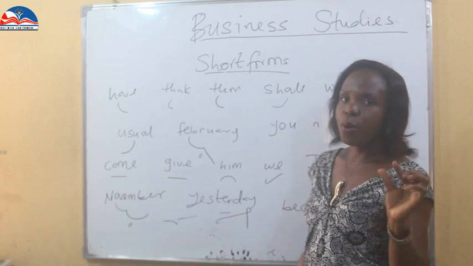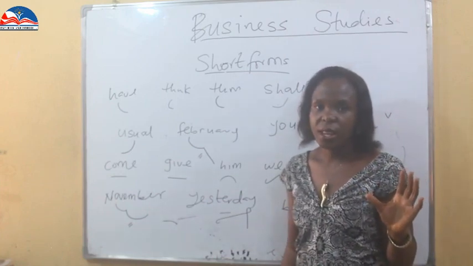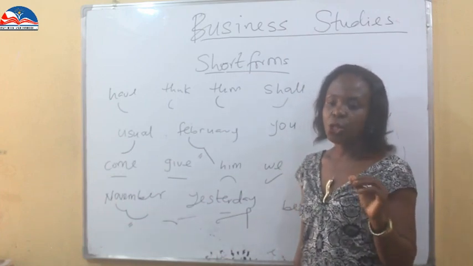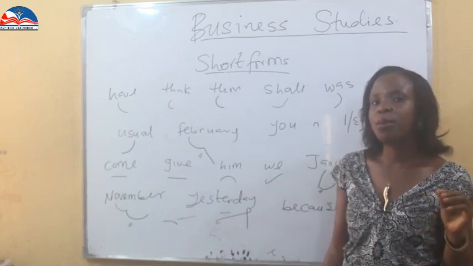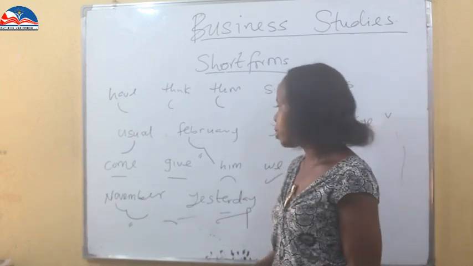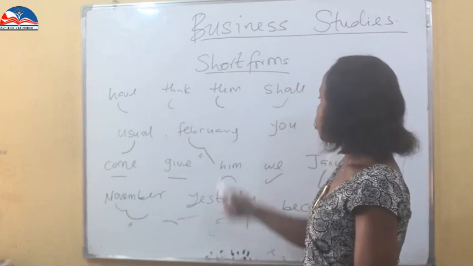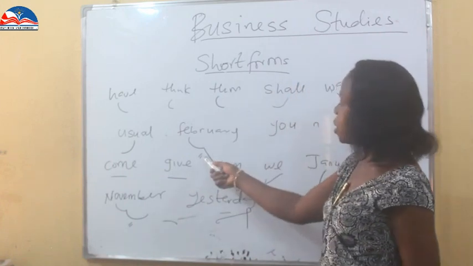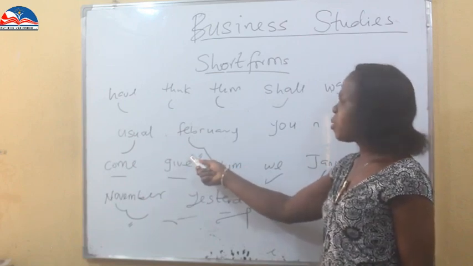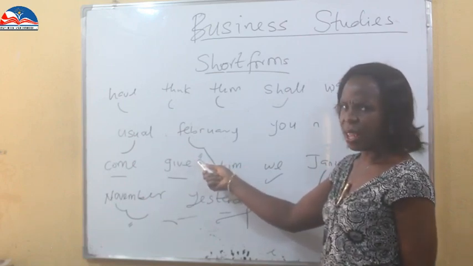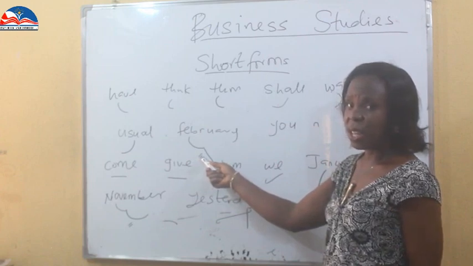I am going to pinpoint the months of the year here, so that anytime you are reading a shorthand outline and you see those symbols, know that they are talking about the months of the year. For example, February. You see these small dots, these small strokes below it, signify that you are talking about the months of the year.